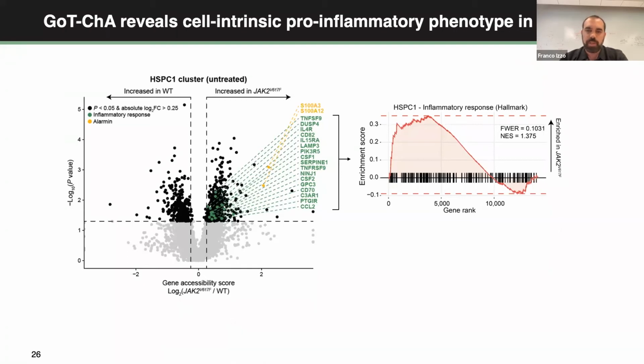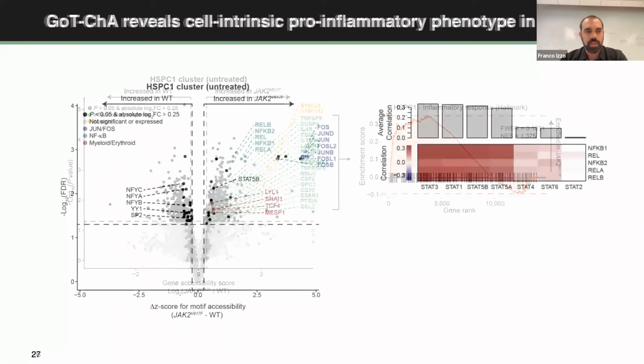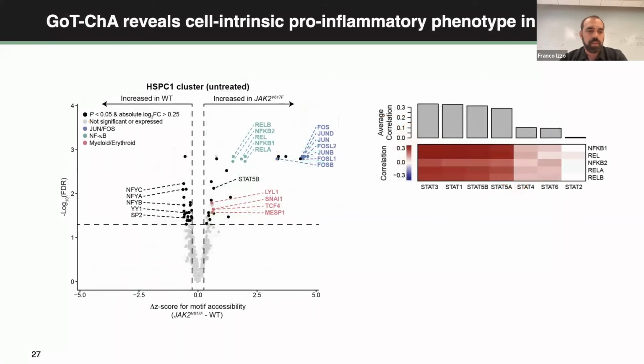So another feature that we can interrogate with this single-cell ATAC-seq data is to indirectly estimate activity levels of transcription factors by measuring the accessibility of the DNA binding motifs for each factor. So when performing this differential motif analysis in the HSPC1 cluster, we see that transcription factors involved in NF-kappa B and Jun/Fos pro-inflammatory signaling are increased in the mutant progenitors, which is consistent with the enrichment that we saw in the inflammatory response pathway as well.